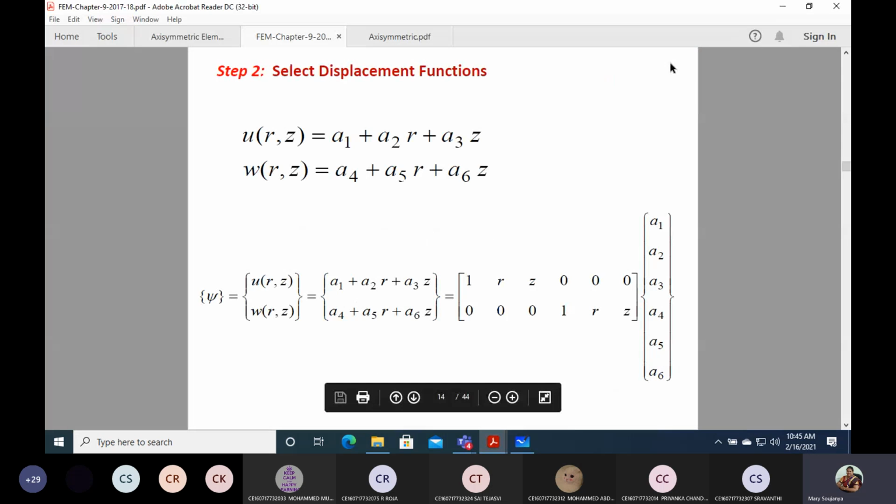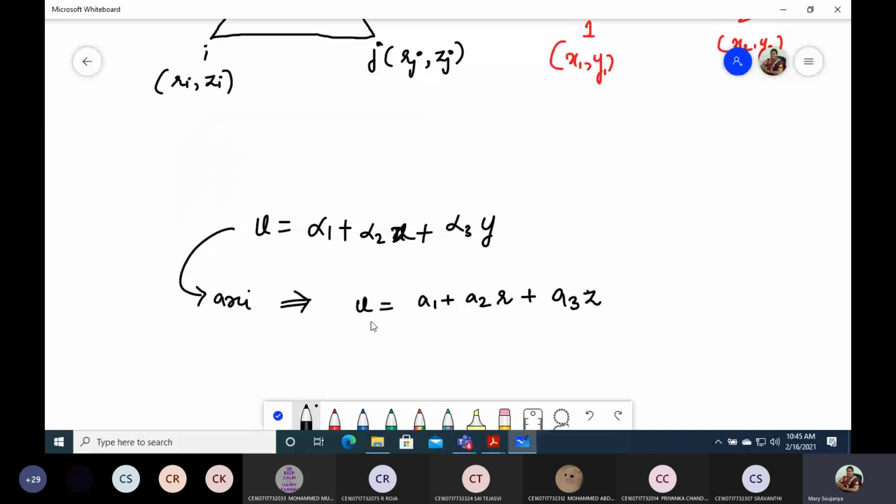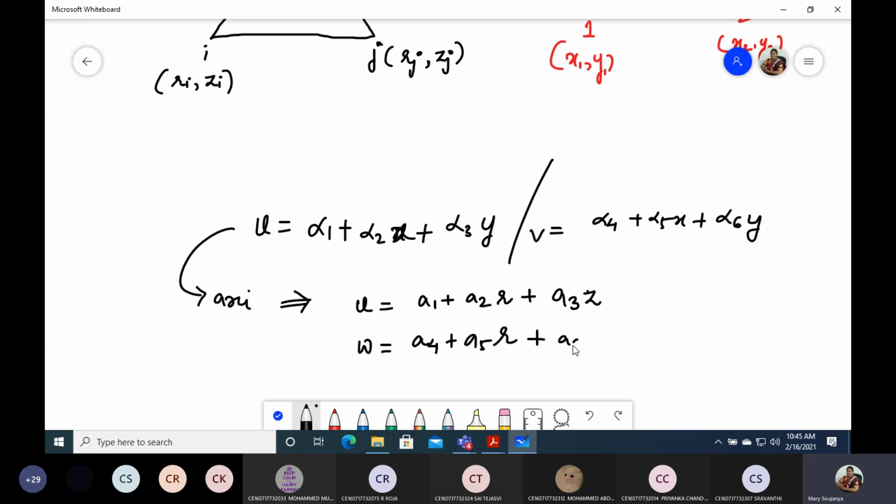For v, we had alpha 4 plus alpha 5 x plus alpha 6 y; here, for w, it is a4 plus a5 r plus a6 z.